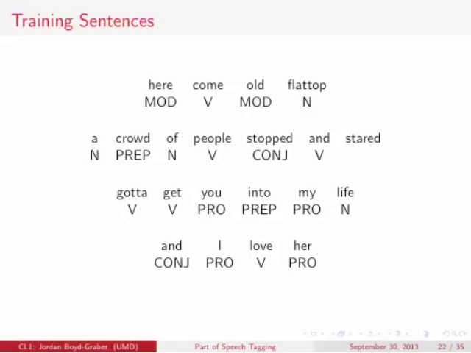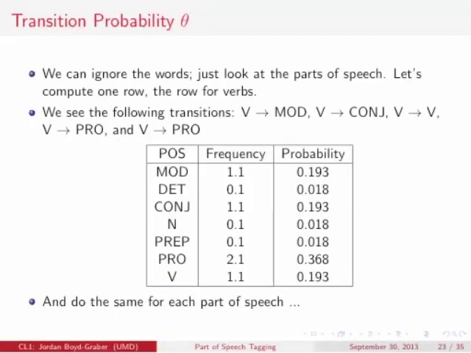So now what we want to do is look at transition probabilities. So let's take a look at the transition probability for the verbs. What we do is we look at all of the verbs, and then we look at all of the things that come after verbs. And we collect those counts. So we observe the following transitions.